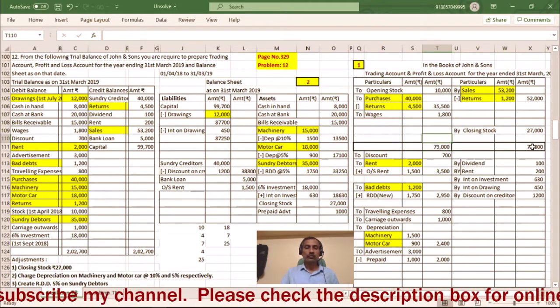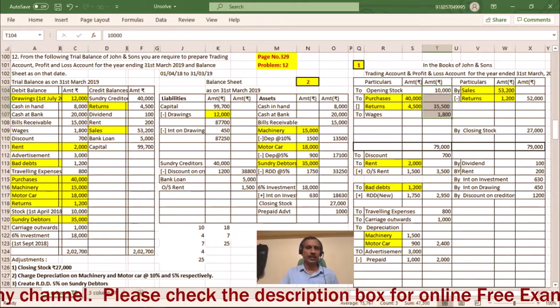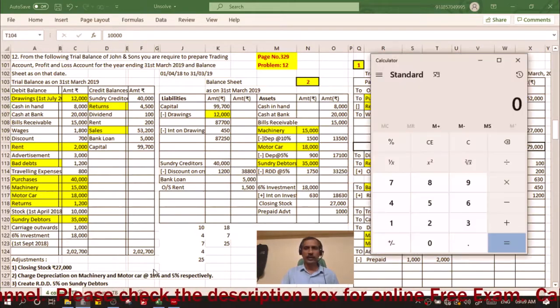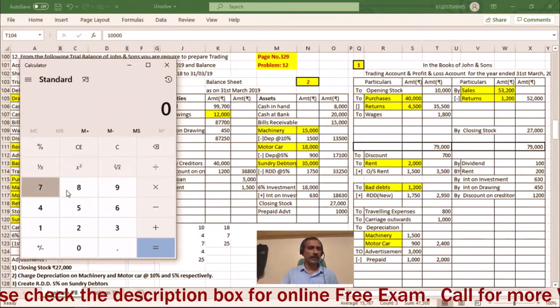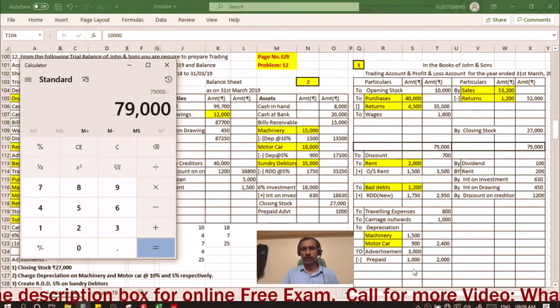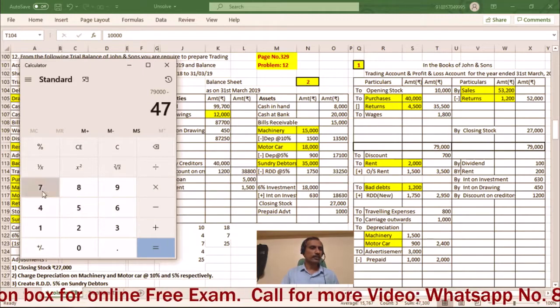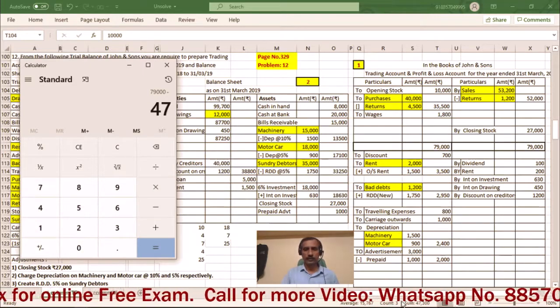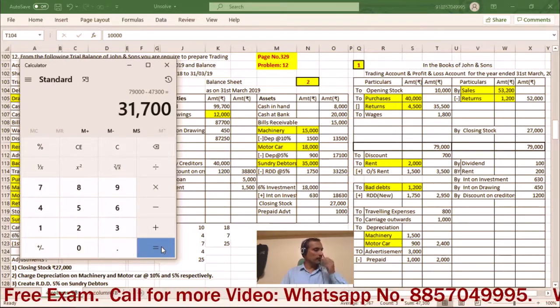Then we have to deduct 47,300. Using a calculator we can solve this. Credit balance 79,000, debit total 47,300 minus 47,300, so gross profit is 31,700.